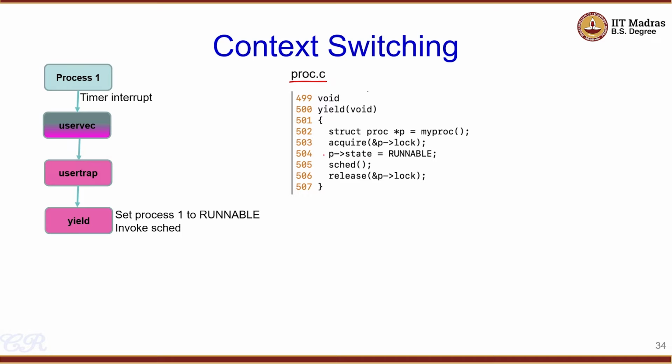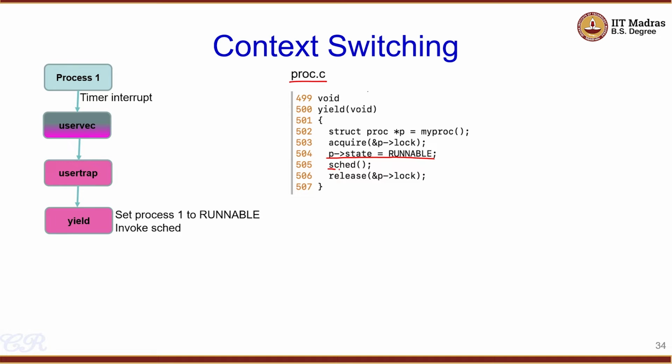What it does is that it moves the particular process which was in a running state to the runnable state. So what we are achieving is removing process 1 from executing in the CPU, and inserting it back in the runnable queue.